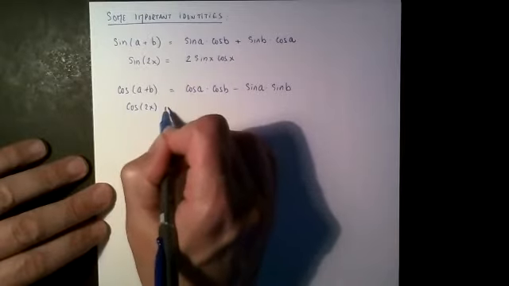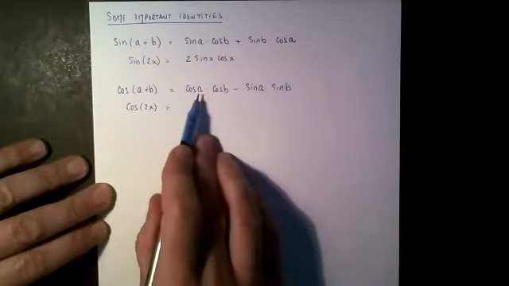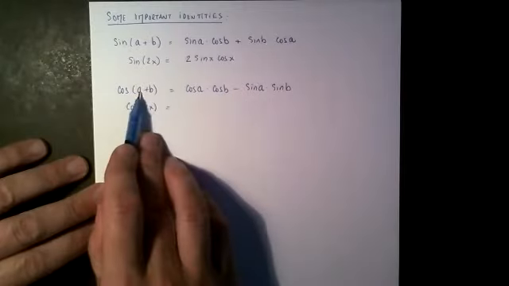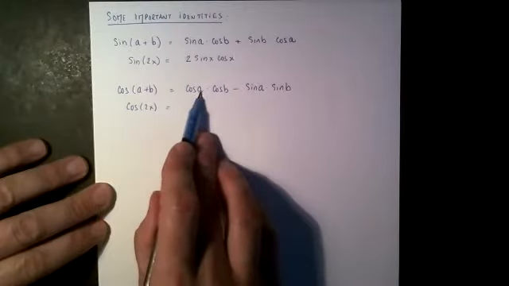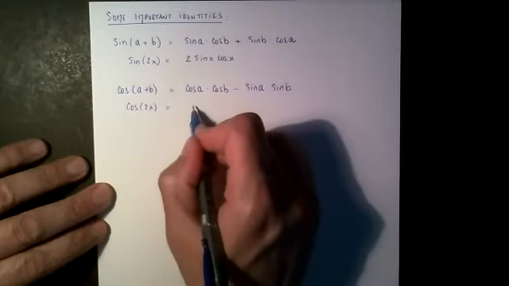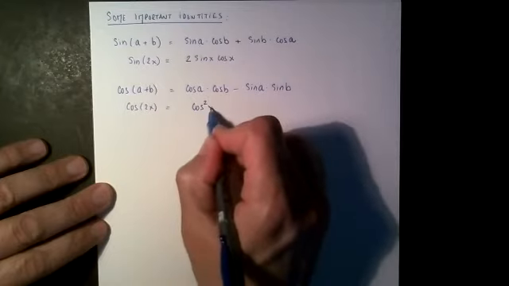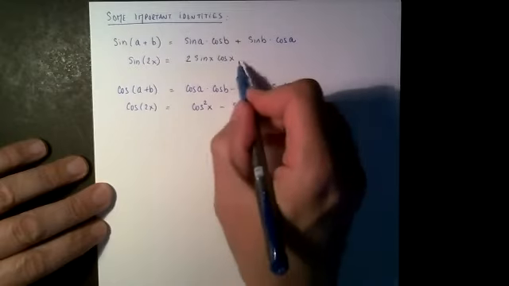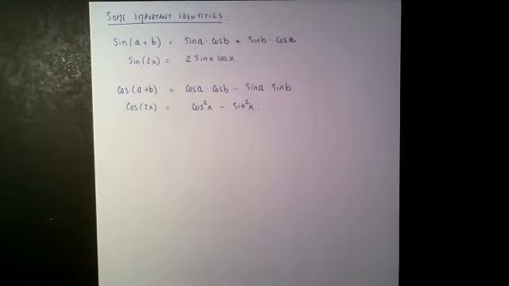Cos of 2x will be what? Imagine A is x and B is x, so just replace A and B by x. So it's going to be cos squared x minus sine squared x. There's many more, but that's all we need for now.